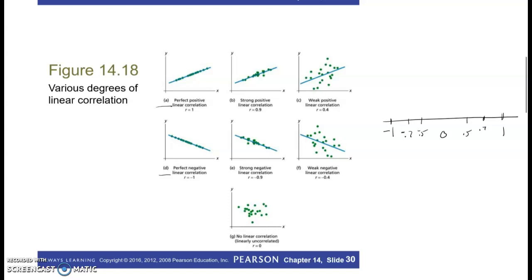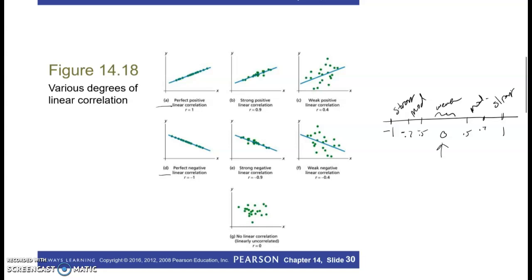And as you get down below 0.4, anything near 0 would be considered weak. So we have moderate around that 0.5, and closer to 1, of course, and closer to -1 is strong. You can feel confident if you have anything at 0.8 or above to say it's definitely strong.